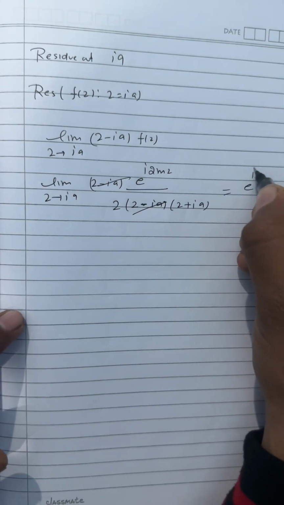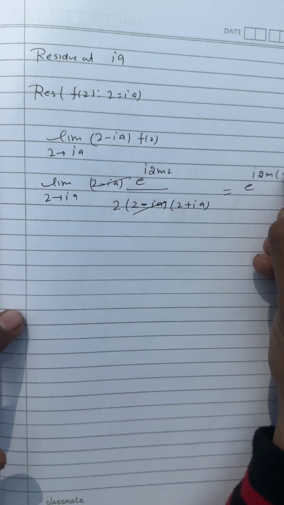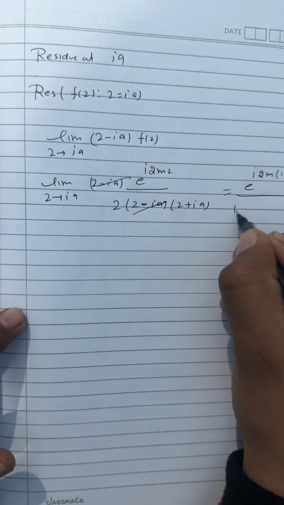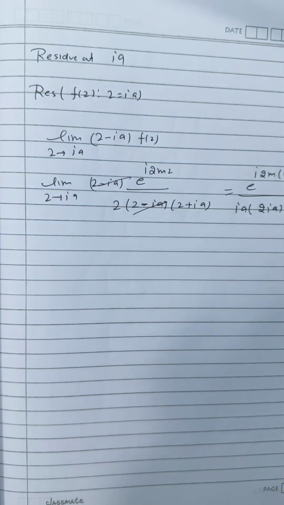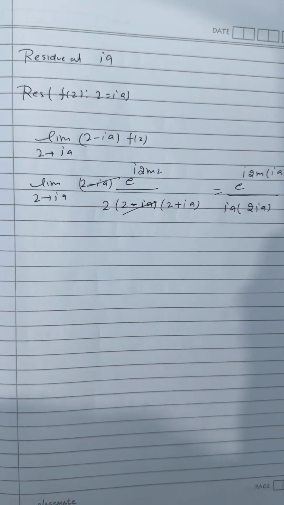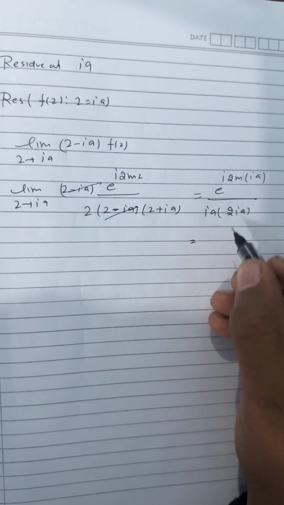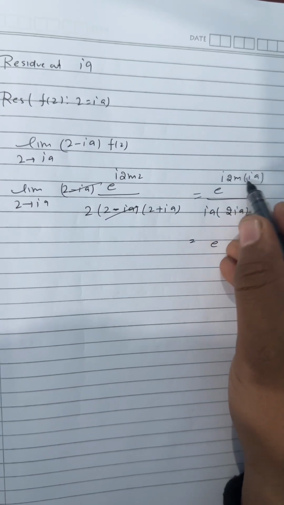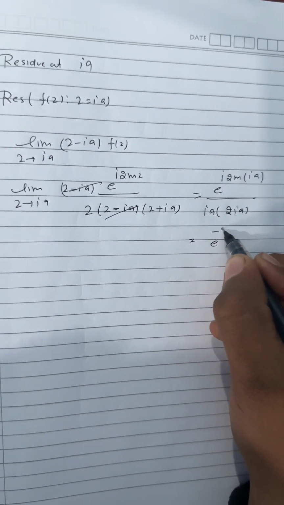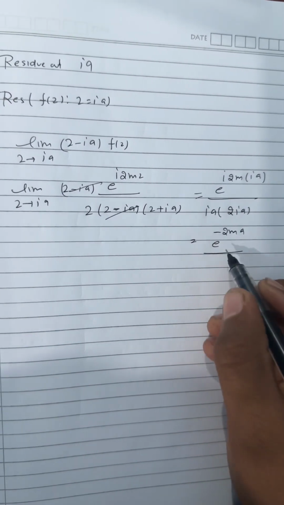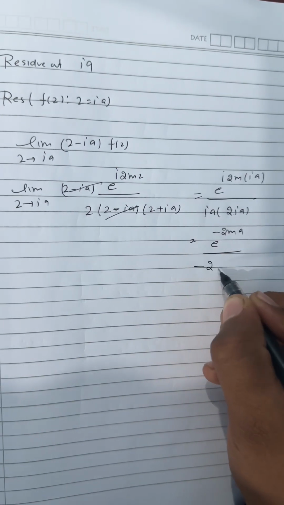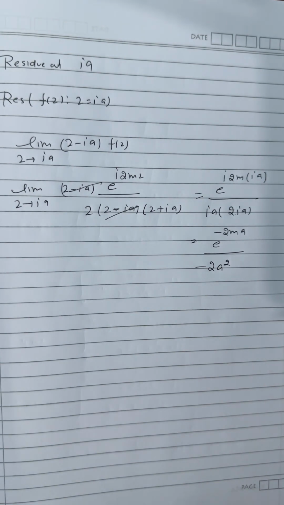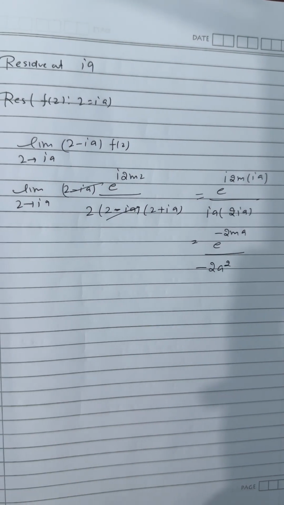We get e raised to i 2m times i a, divided by i a times 2 i a. Solve this: i into i is minus 1, so the numerator is e to the minus 2ma, and the denominator is minus 2a square. Okay, this is the required residue.